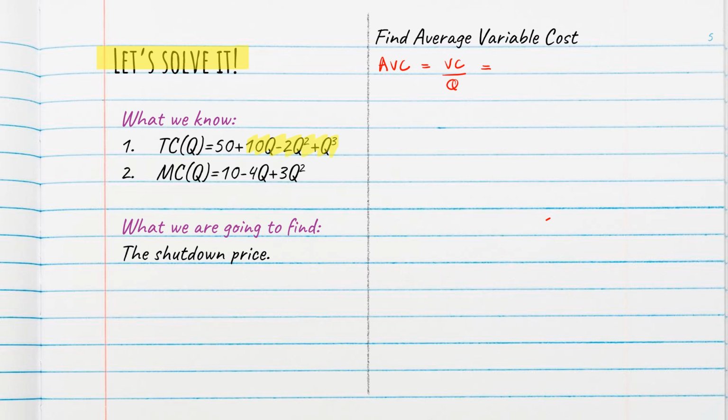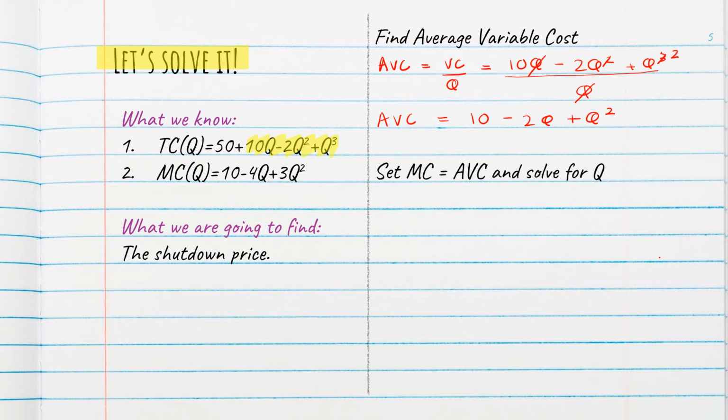So we could say that average variable cost is 10Q minus 2Q squared plus Q cubed, all divided by Q. And then we could rewrite that as average variable cost is equal to 10 minus 2Q plus Q squared, where I am canceling out one of the Q's from each term in the numerator.